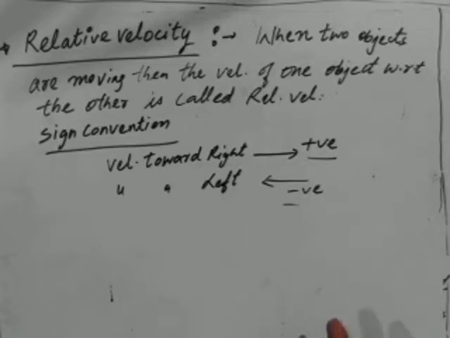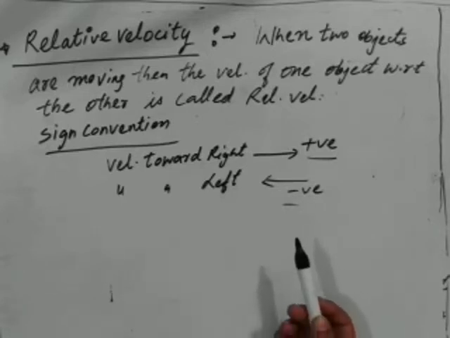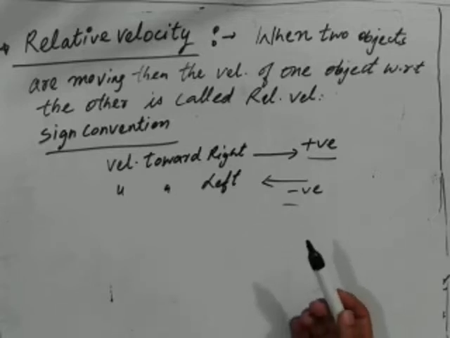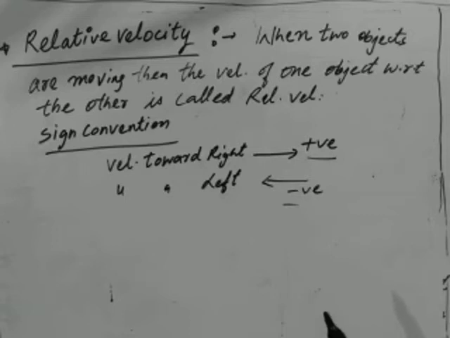We can convert these also, that the object moving towards left can be taken as positive, or the object moving towards right can be taken as negative. It is up to you what you are considering. In this case, we have assumed that the object moving towards right is having velocity positive, and the object moving towards left is having velocity negative.